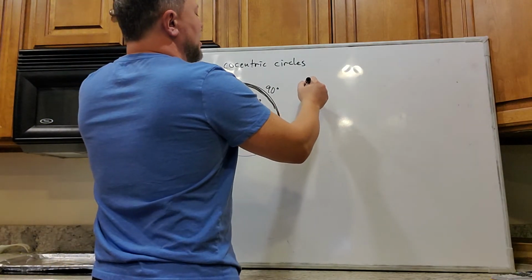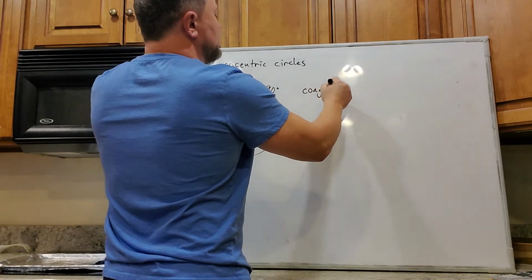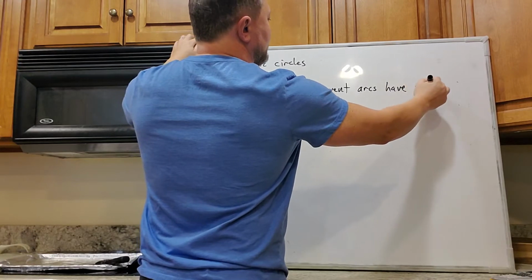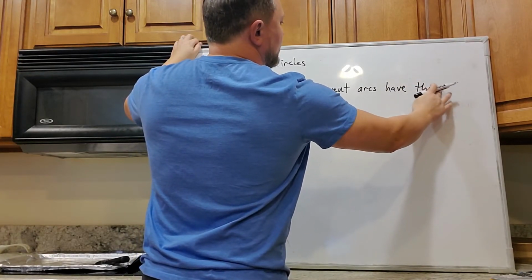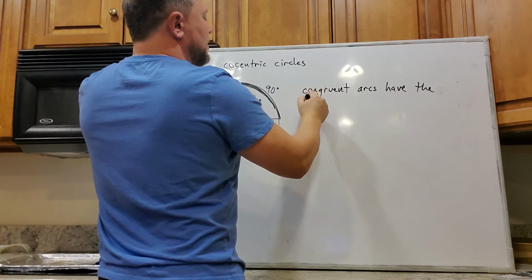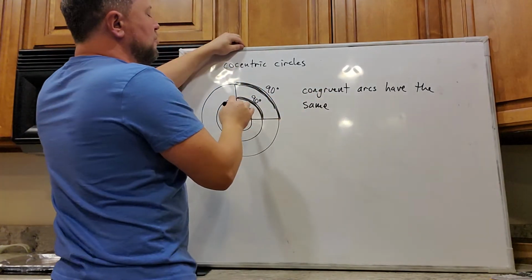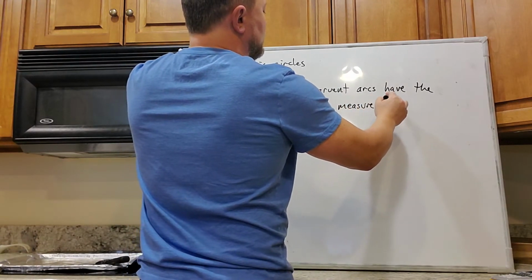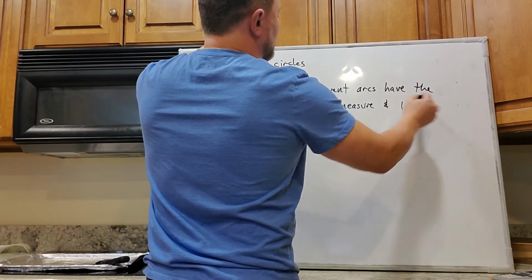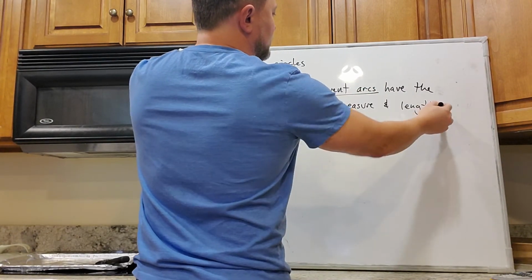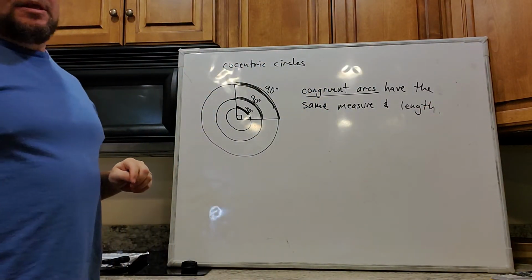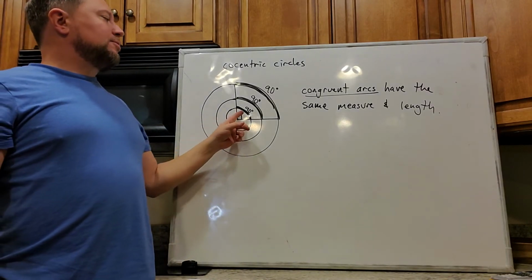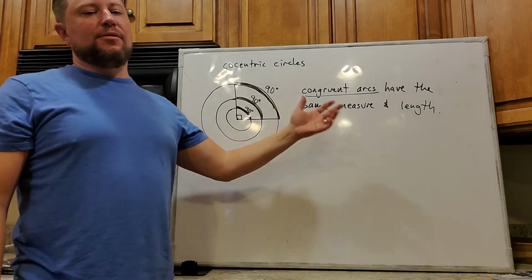So congruent arcs have to have the same measure and length. Okay, so be careful there. These arcs have the same measure, but not the same length, so they would not be congruent.